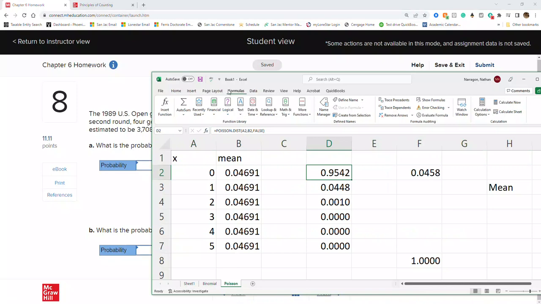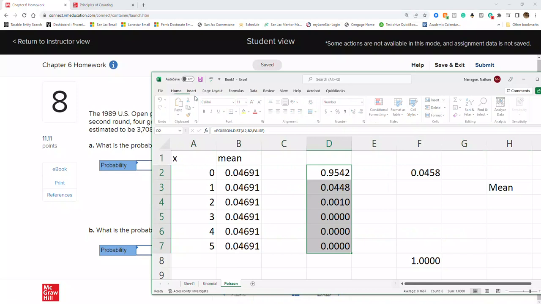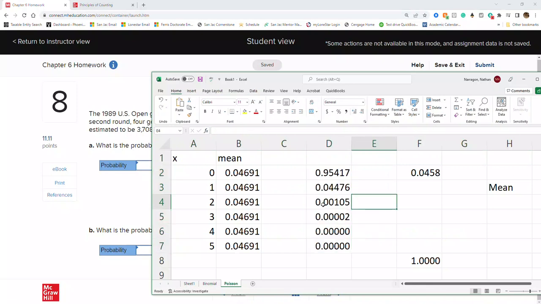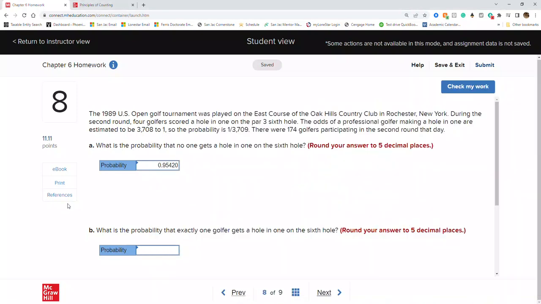So one more. Add a 0, so 0.95417. Yeah, you definitely gotta make sure that you put it in correctly with the 5 decimal places, because again, Connect may mark it wrong due to rounding.